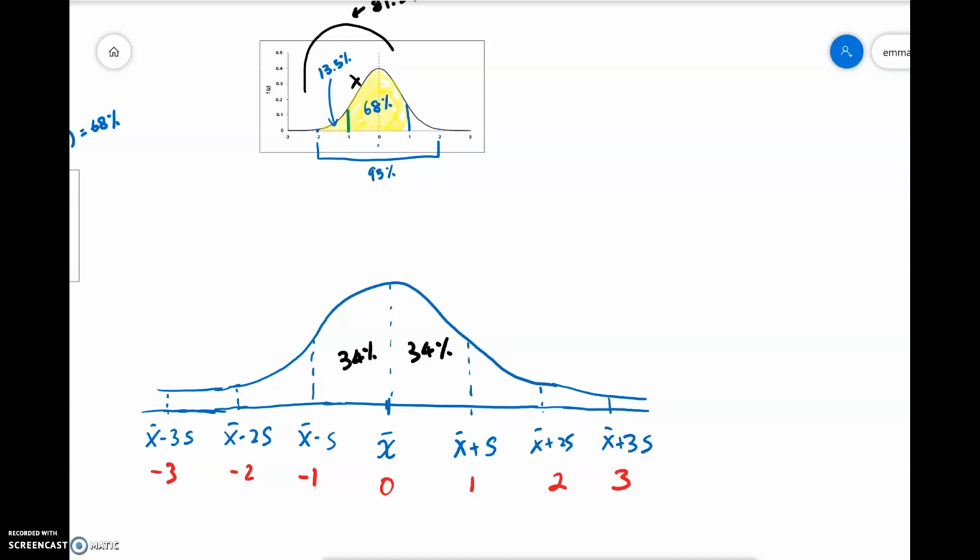Just double check. 13.5%. 2.35%. And the last one, 0.15%.